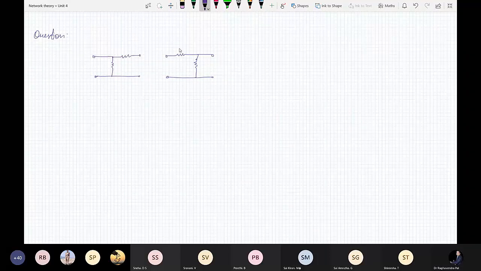Okay. So this is 2 ohm, this is 1 ohm, this is 1 ohm, and this is 2 ohm. Correct.